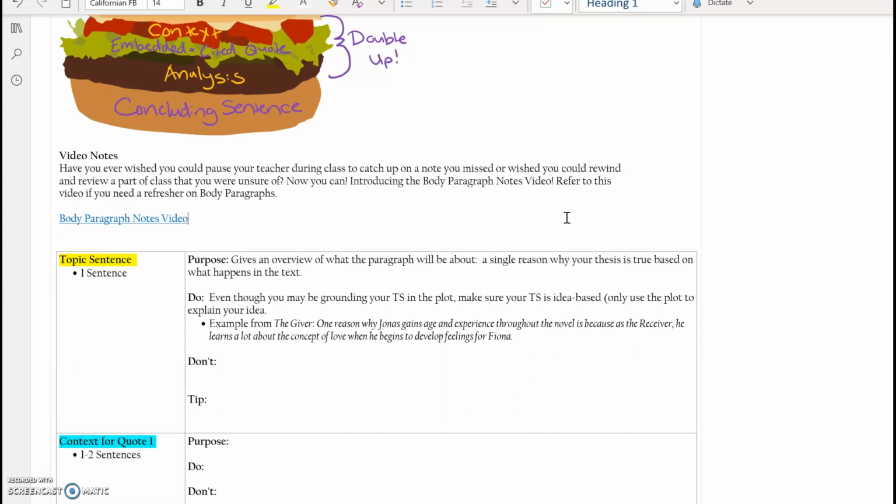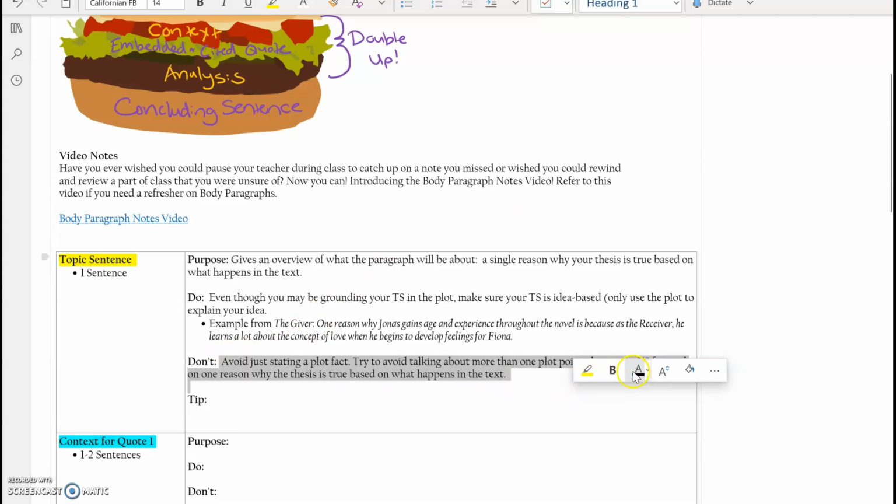This would be a good topic sentence: One reason why Jonas gains age and experience throughout the novel is because as the Receiver, he learns a lot about the concept of love when he begins to develop feelings for Fiona. So we're talking about gaining age and experience through becoming the Receiver and understanding love. It's based in the text, but it's not just summarizing what happens, it's explaining why it's important. So that's a key here.